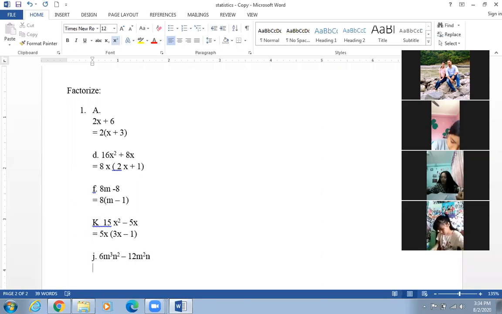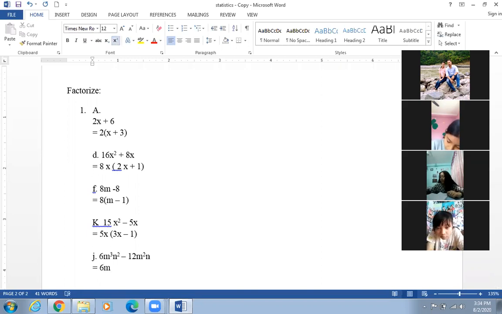Okay, so what is common between these two terms? Which one is the smallest? 6. 6 is the smallest. Out of m cube and m square, m square is the smallest.